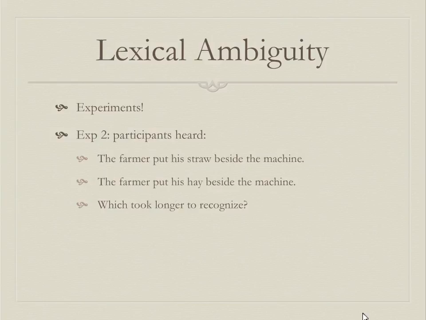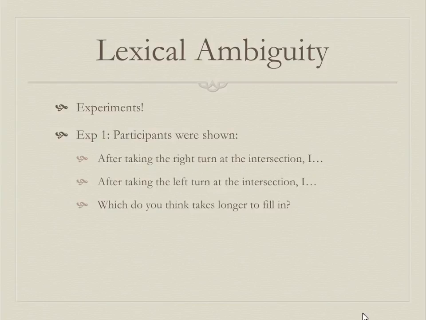What's happening is that right has two interpretations: I took the correct turn, or I literally took a right turn. And so people take a little bit longer with the first sentence because they are trying to process whether I meant I took the correct turn or a literal right turn.